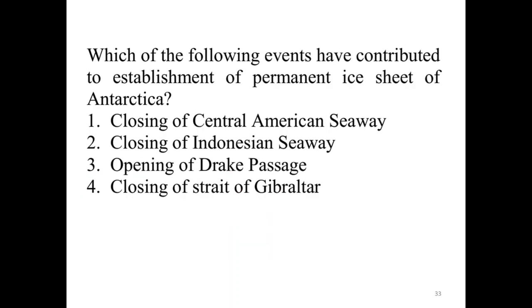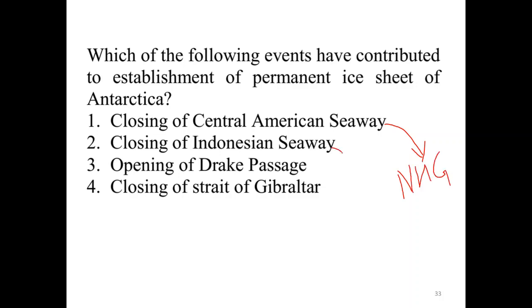Last question for today. Which of the following events have contributed to establishment of permanent ice sheet of Antarctica? Closing of Central American Seaway, closing of Indonesian Seaway, opening of Drake Passage, closing of Strait of Gibraltar. Closing of Central American Seaway led to the Northern Hemisphere glaciation.